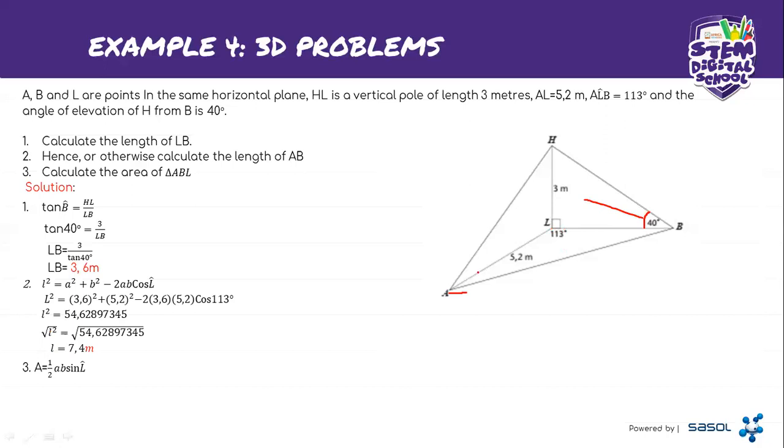Because now we're having a side AL and a side LB and the angle between those given sides, because it's one of the conditions of the area rule. You must have two sides and one angle which is between the two given sides.